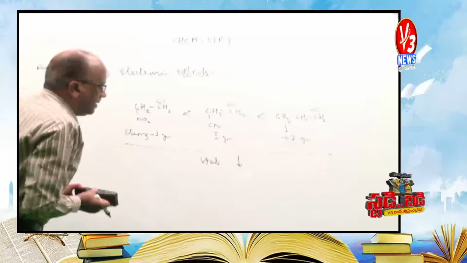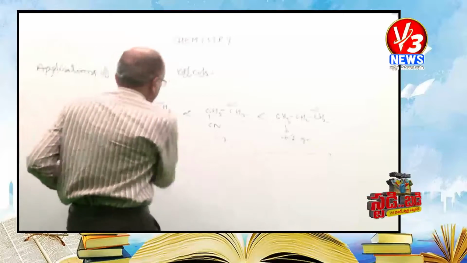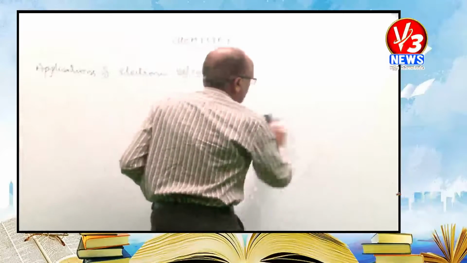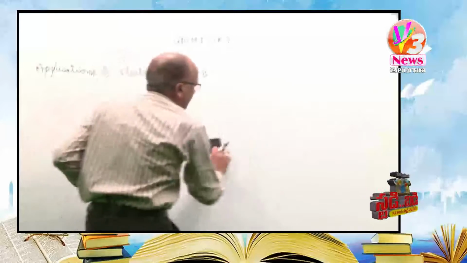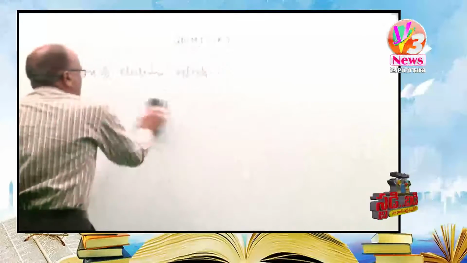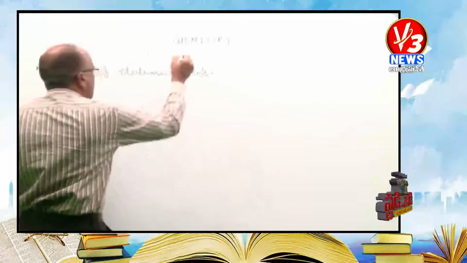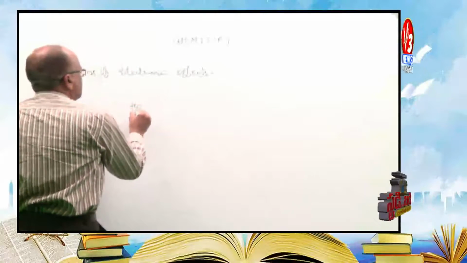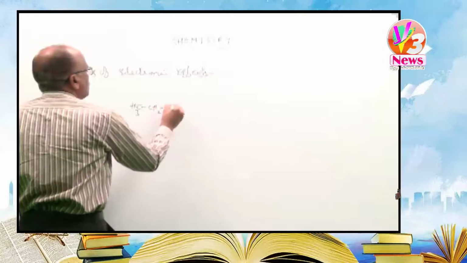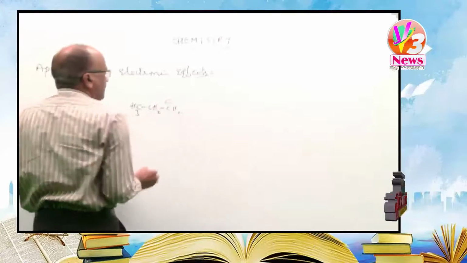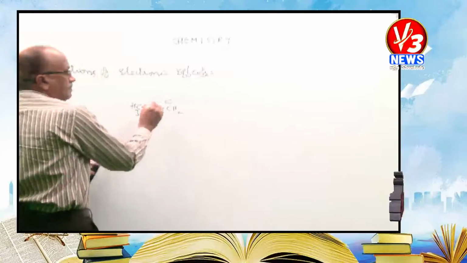Now I will take another example, that is, carbanions in which the atoms attached to the negatively charged carbon have different hybridization. We will take CH3CH2CH2 minus. Now I take this carbon.